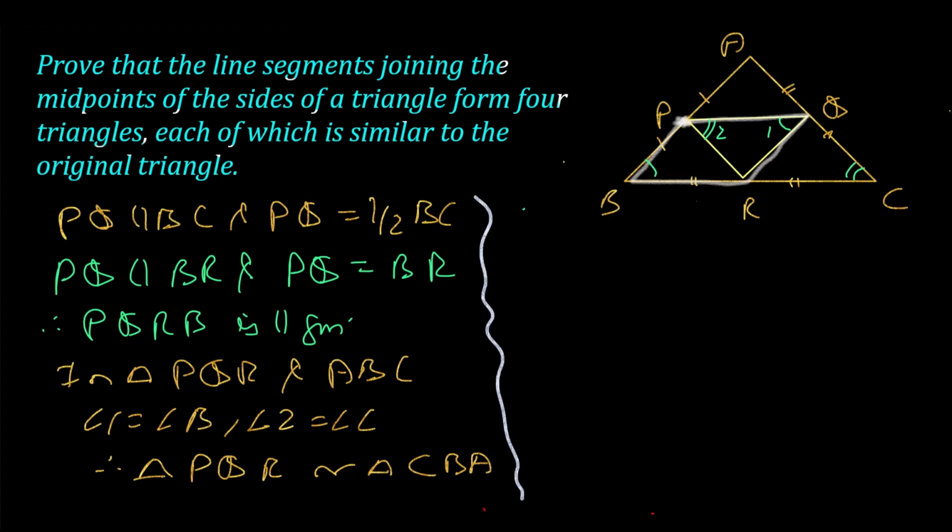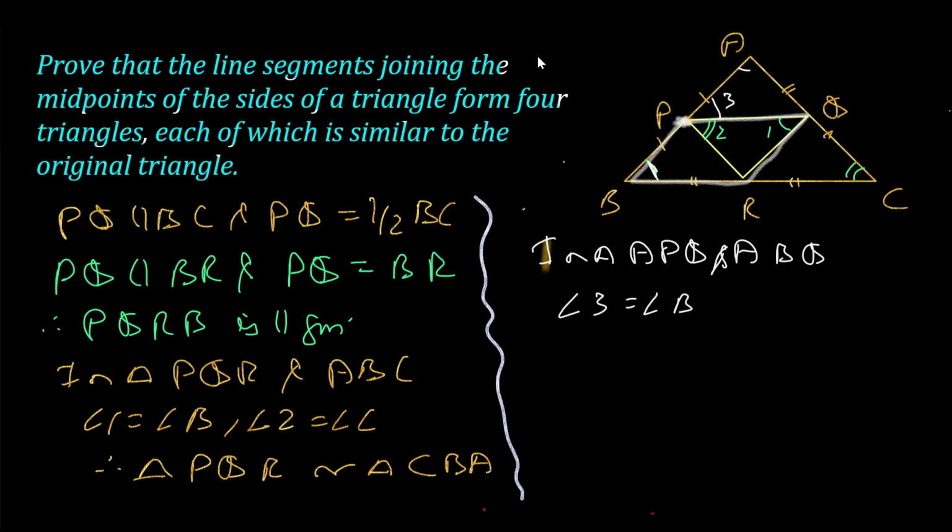So let's consider the triangles APQ and ABC. Over here, this angle, say angle 3, should be equal to angle 1, being corresponding angles. Angle 3 is equal to angle B.